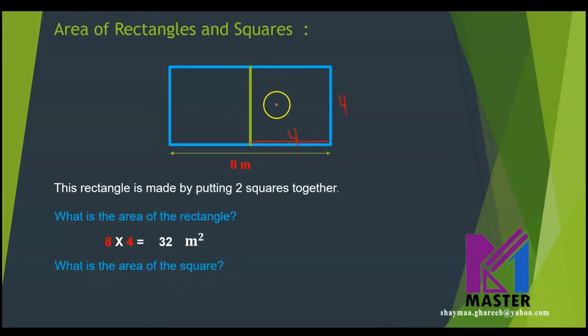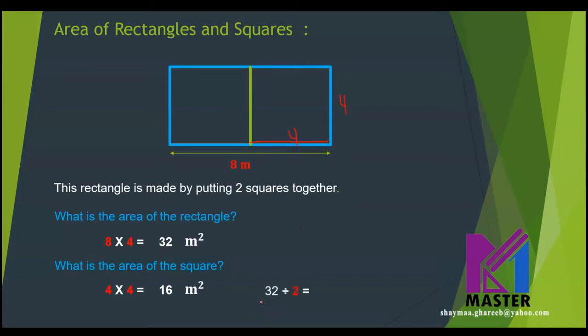I can get the area of the square by two ways. I can just divide the area of the rectangle by 2, because this rectangle is formed from two squares. So the area of one square is half the area of this rectangle. Or I can get it by multiplying the length times the width of the square, which means the side times itself, 4 times 4, which is 16 meters squared.